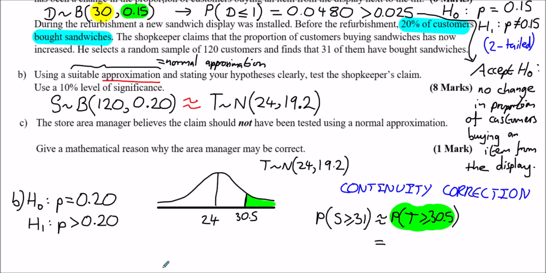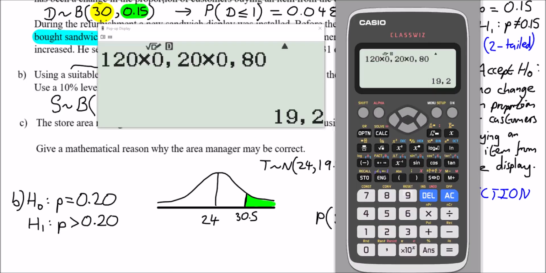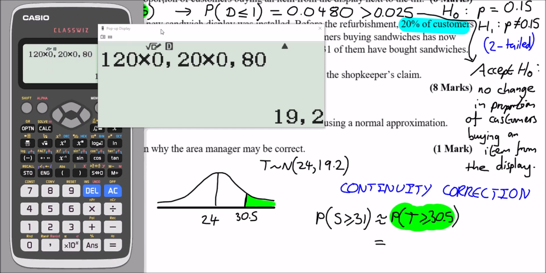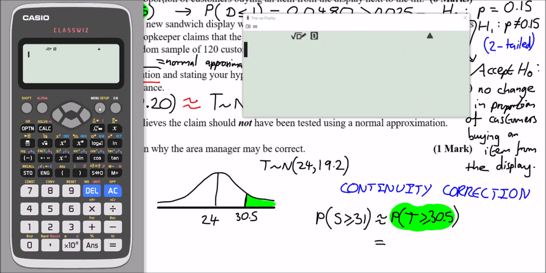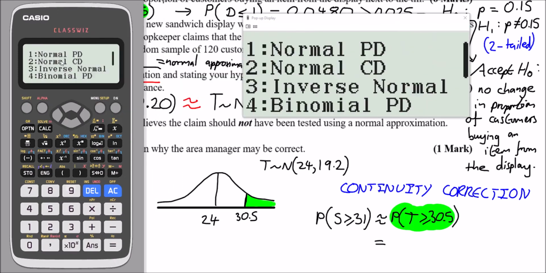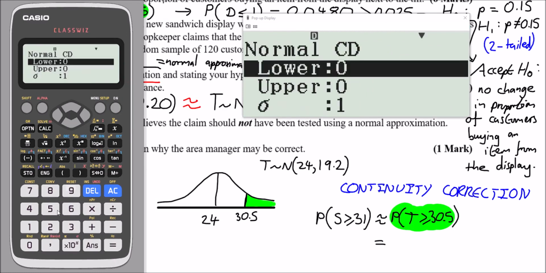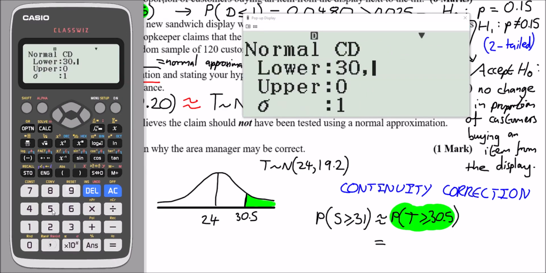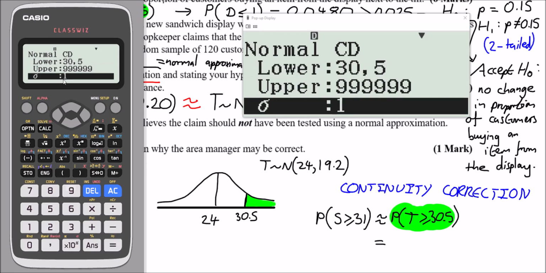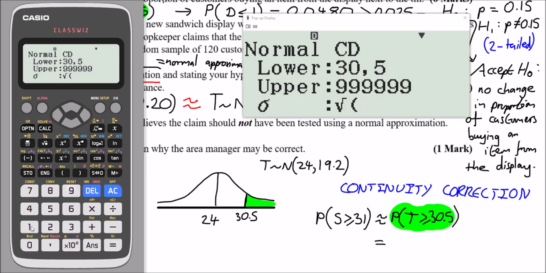So at this point here, the calculator can actually pick up and do the hard work for us. So we're going to go Menu, Option 7, Normal CD. The lower bound is 30.5. The upper bound is as high as we dare go. The standard deviation is the square root of 19.2 for this one normally.